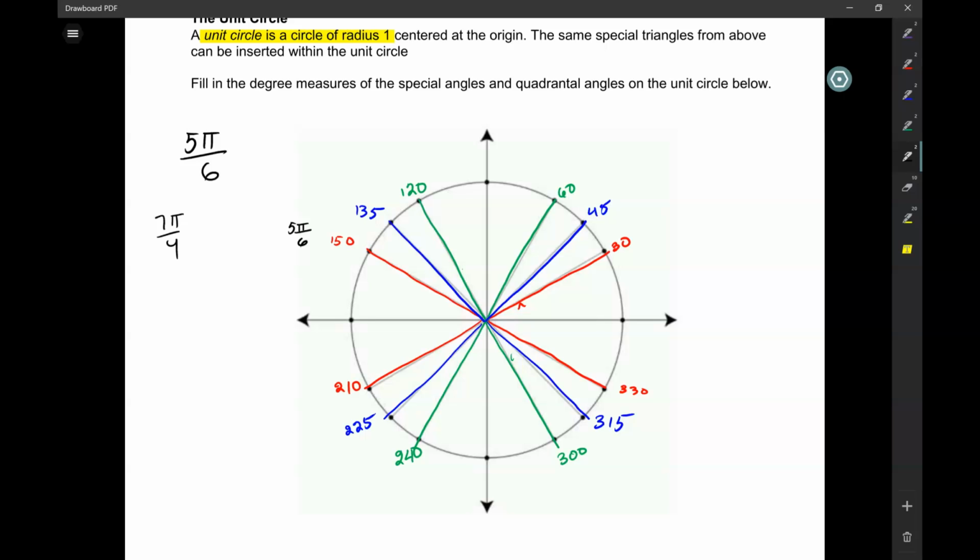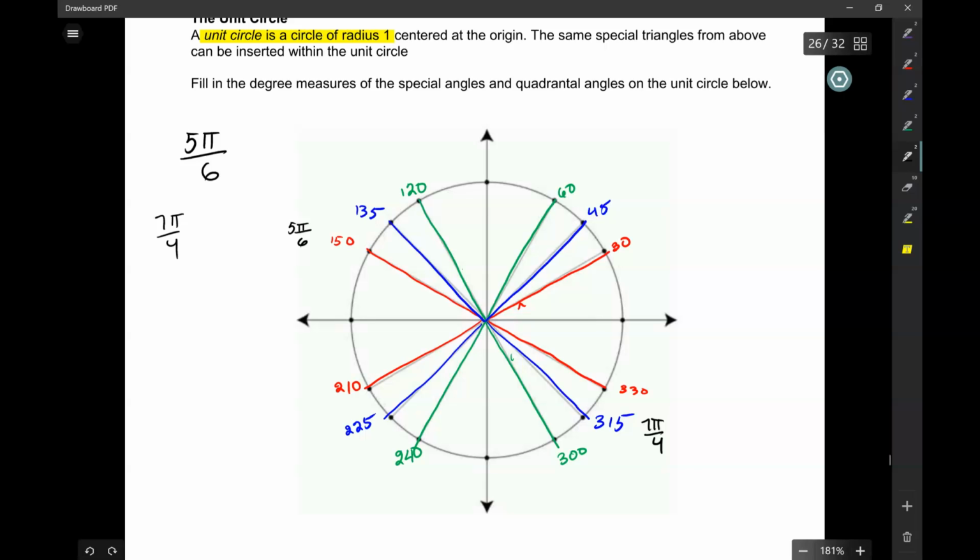Then what's this one? 3 pi over 4. 5 pi over 4. 7 pi over 4. Isn't that fun? You could do it all day. The next time you're at the beach and you find yourself with nothing to do, all you have to do is draw a circle in the sand and label the angles in radians, right?